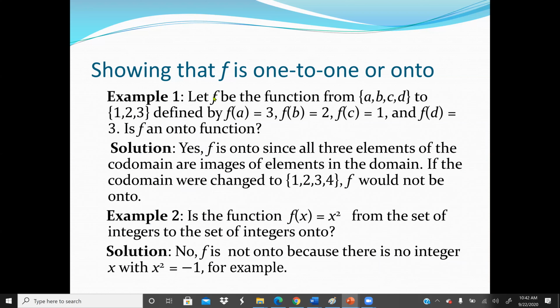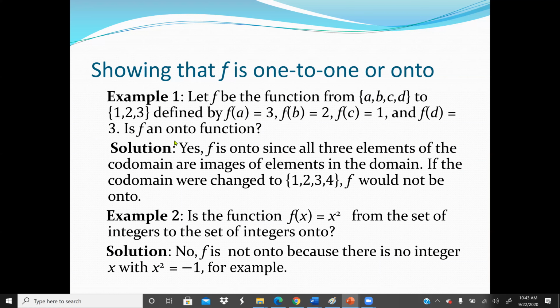So they say we should show that f is one-to-one or onto. This is the example here. Let f be the function from a, b, c, d to 1, 2, 3 defined by f at a equal to 3, f at b equal to 2, f at c equal to 1, and f at d equal to 3.